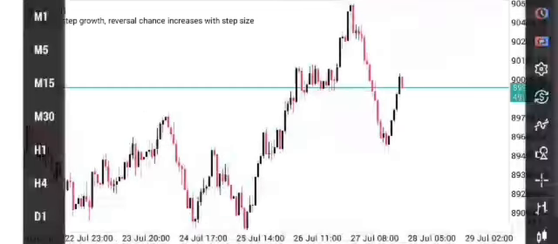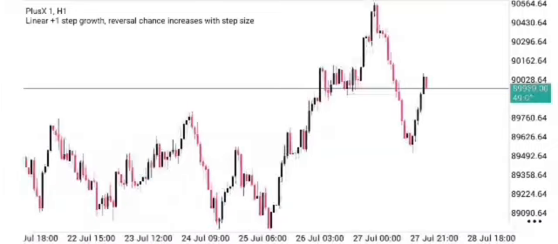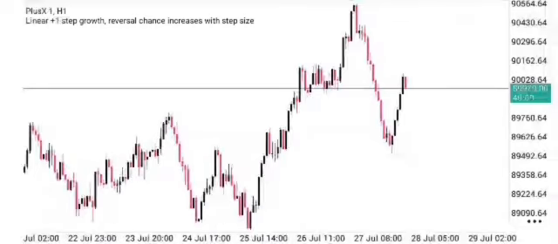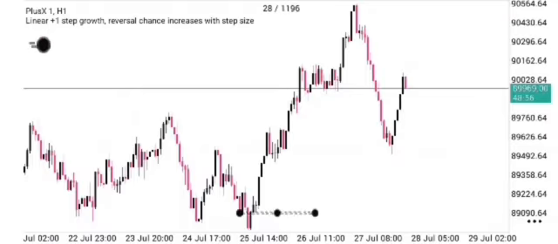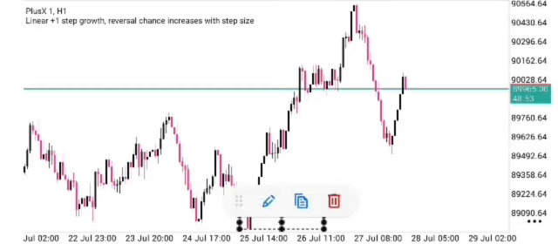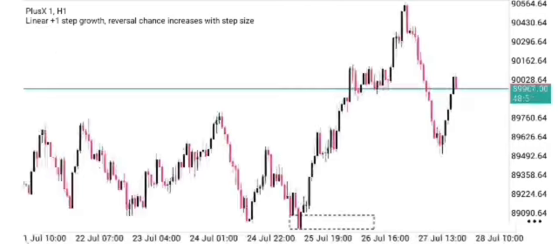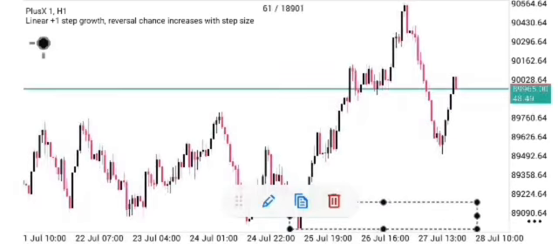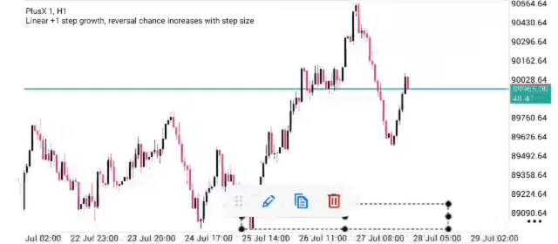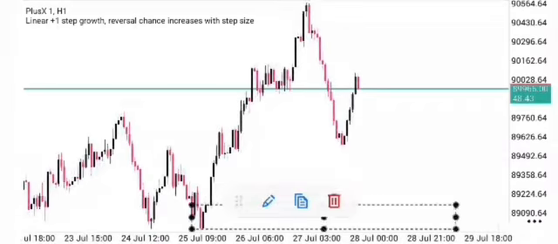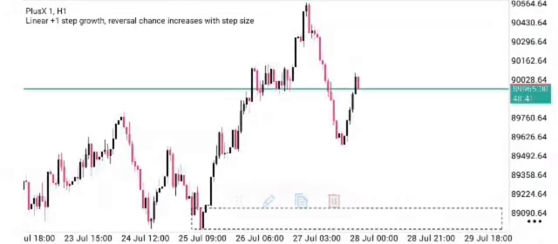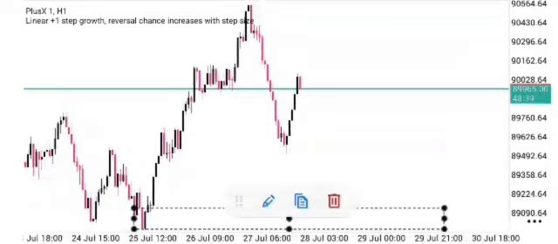So firstly, here what I can identify is my support area right here, the extreme zone where the market is likely to reverse.